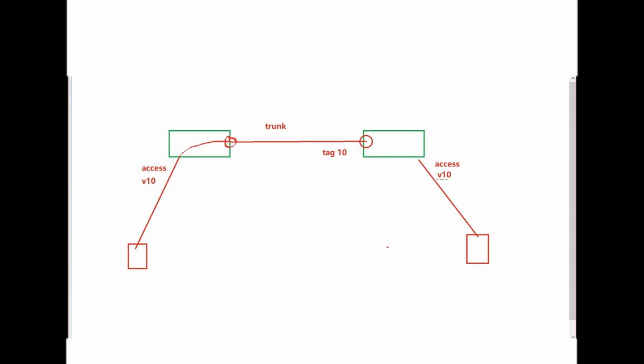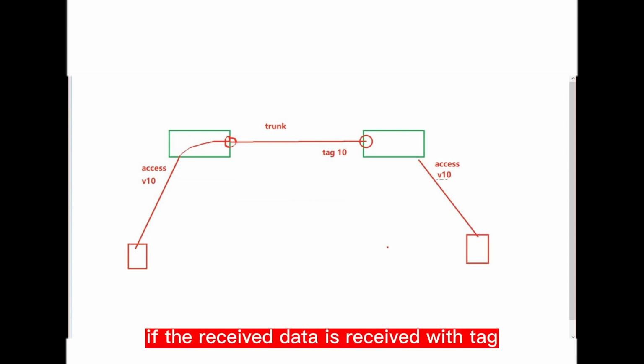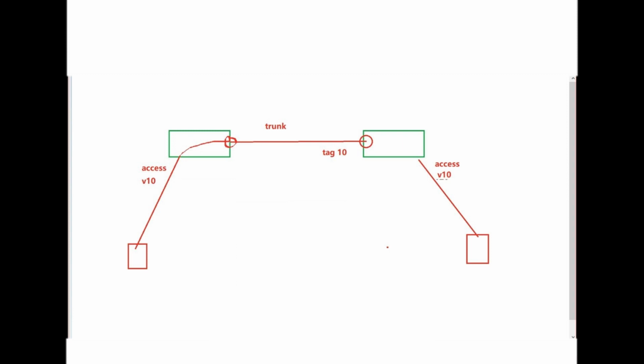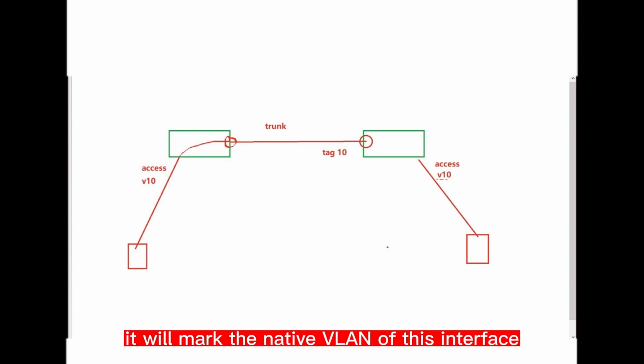Secondly, when we receive data, if the received data carries a tag, it just lets it go. If it is raw data, that is, a blank data frame without a tag, it will mark it with the native VLAN of this interface.